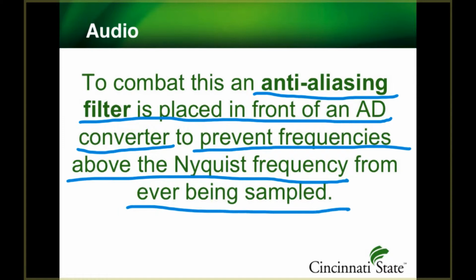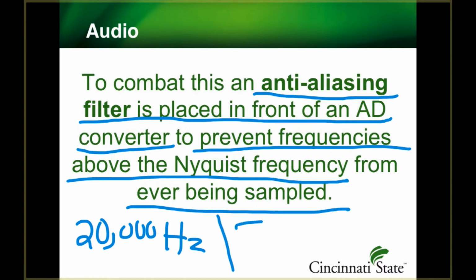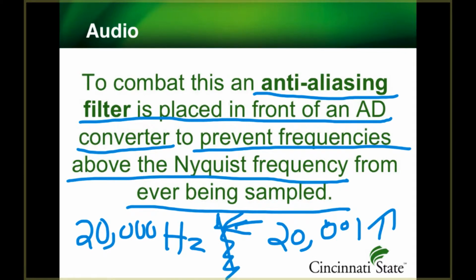If you're saying the maximum I want to record is 20,000 hertz, then you're going to put a filter there that will block anything 20,001 hertz and above. That filter will just stop them so they can't get through.